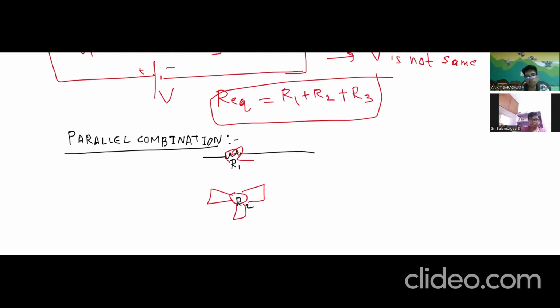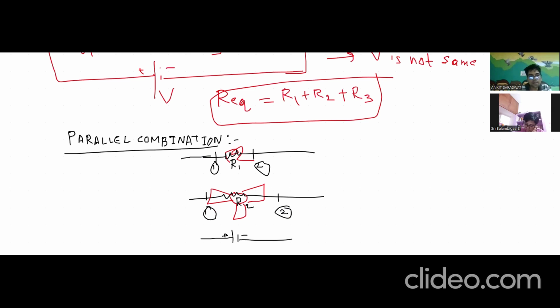Now, what is happening in parallel combination? Give the numbers: this is 1 and 1. Again, this is 1, this is 2. Clear? And this is our cell, positive, negative, voltage.